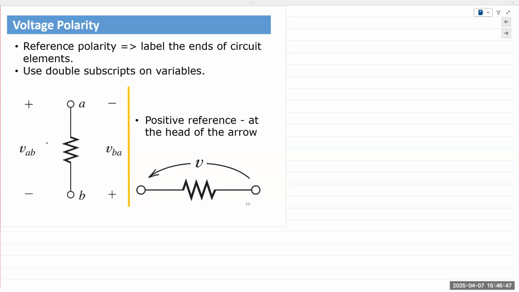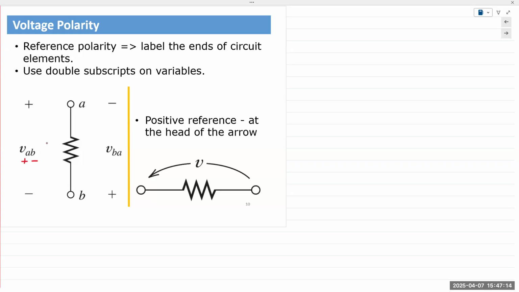And if it's VAB, the first subscript is the measurement point, and the second subscript is the reference point. VAB indicates we are measuring voltage at A with my reference at B.